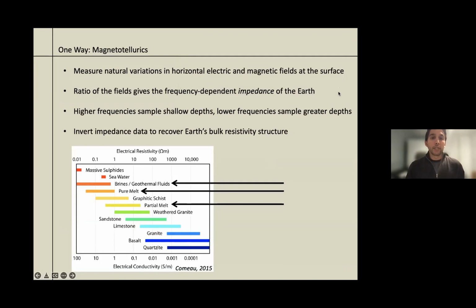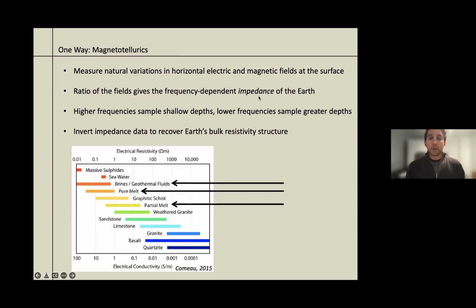And the ratio of those fields gives the impedance of the Earth, which is a frequency-dependent quantity, where higher frequencies sample shallow depths, maybe in the upper 100 meters or a couple hundred meters or so, and lower frequencies sample greater depths down to tens or even hundreds of kilometers depth. And because it's such a broadband method, it's really versatile for this broad range of depths of investigation.